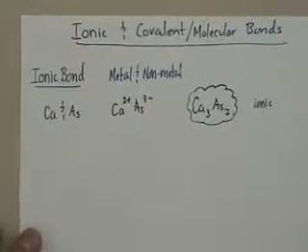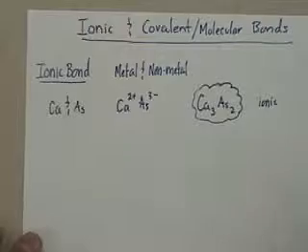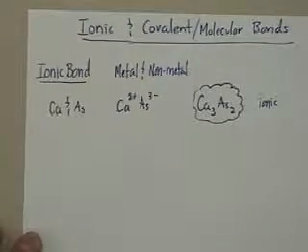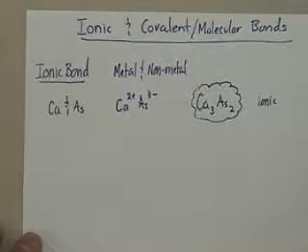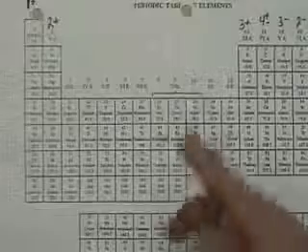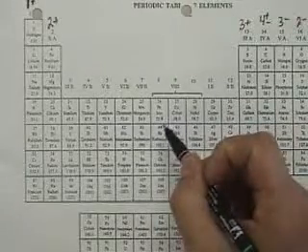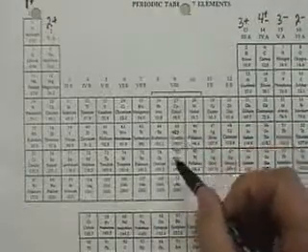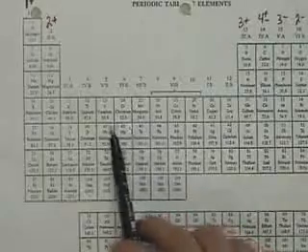Okay, metal, non-metal. You could get something where we use a stock number. So you'd have to use your ion sheet. Anything from the middle here, your transition metals, you're going to have a more difficult time figuring out what the ionic number is.